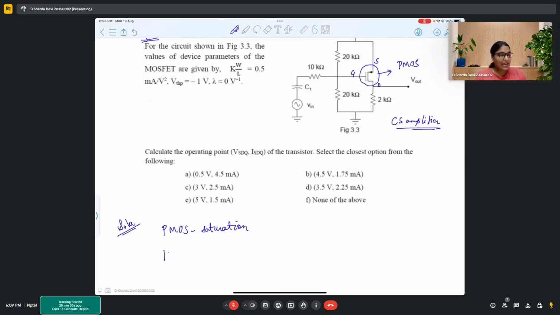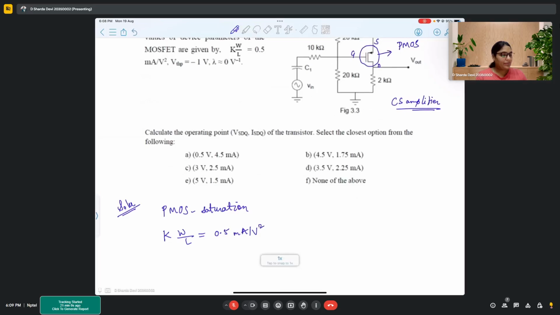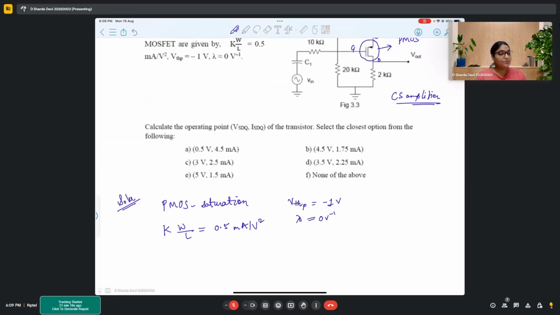Now it is given that kW by L is 0.5 milliampere per volt square, and VTHP is minus 1 volt with lambda equal to 0 volt inverse. We discussed lambda in the last class, which is the channel length modulation factor.